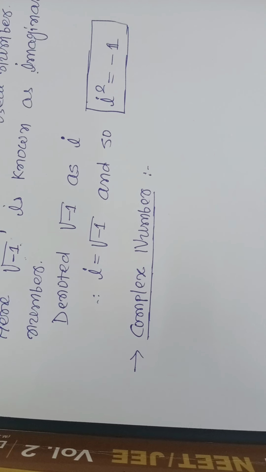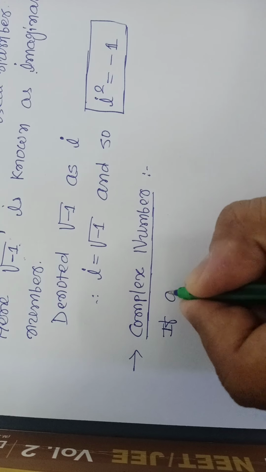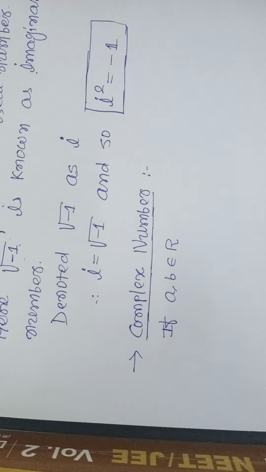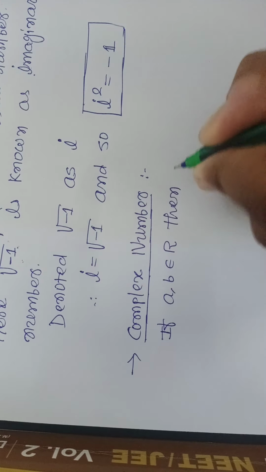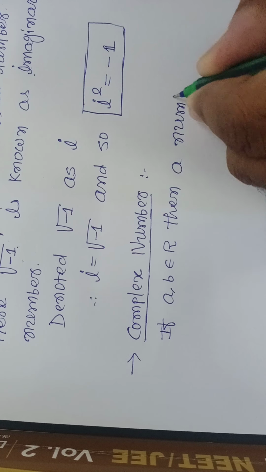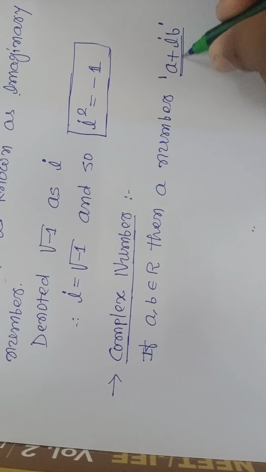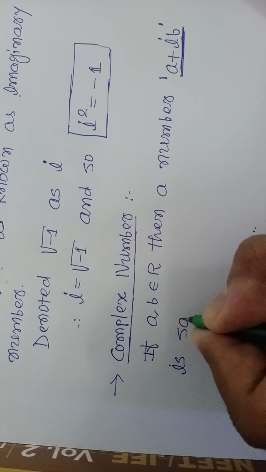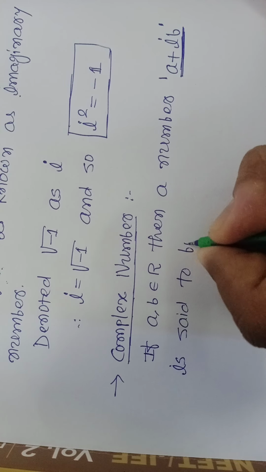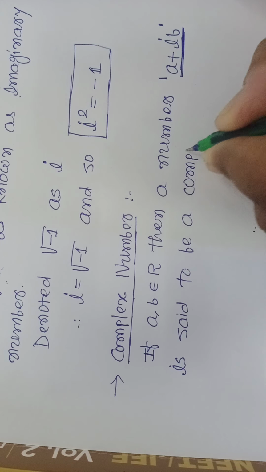Let me define: if a and b belong to R, it means a and b are real numbers, then the number a plus ib is said to be a complex number. This number is said to be a complex number.